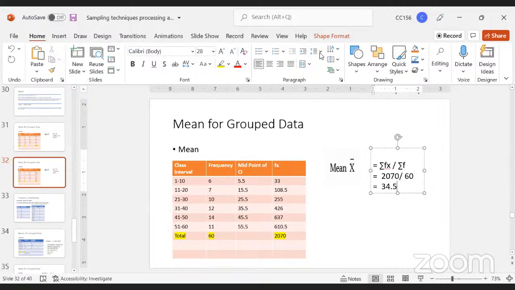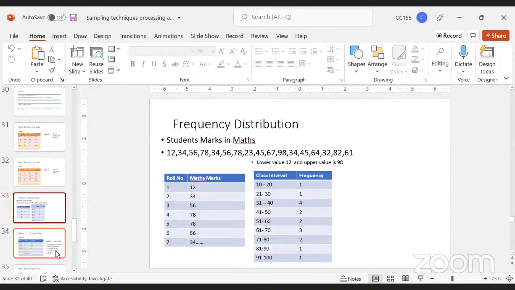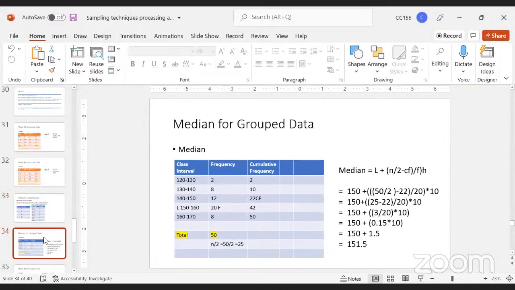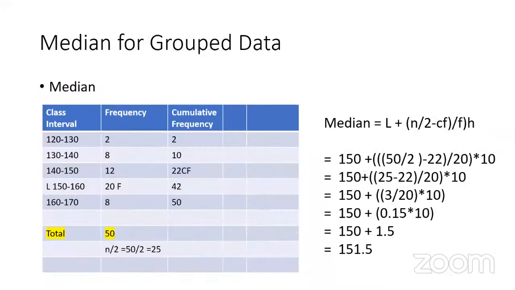Excellent. So I'm going now for the other one. Next one would be the median for group data. Now let's see, we know that median is the middle value of the given scores.